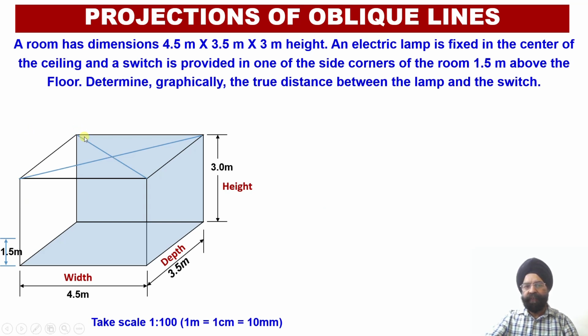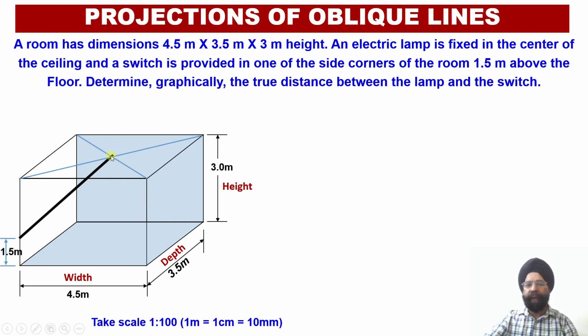Once we locate the center point of the ceiling, we are going to fix the electric lamp, and the electric wire is going to be connected between this electric lamp and the switch, which is located on one of the side corners 1.5 meter above the floor.